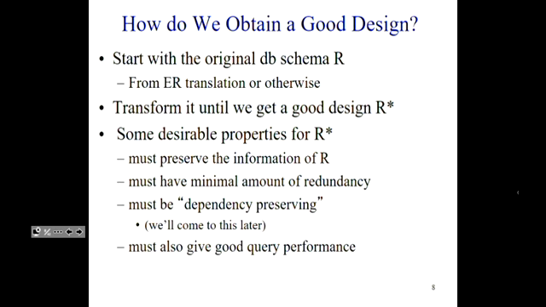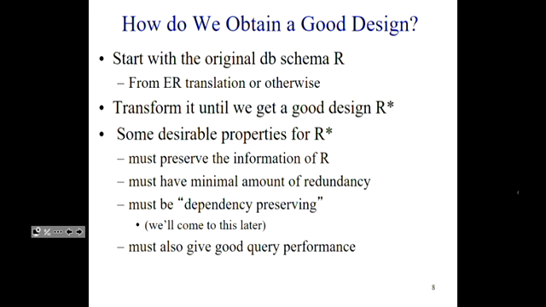What do you mean by good query performance? When you're breaking up the relation into two, like we saw in the previous case, if you wanted to query the combined information, SSN, address, phone number, then implicitly, if you've broken it up into two relations, you will have to do a join, and joins are going to be more expensive than simply reading the contents of a relation.